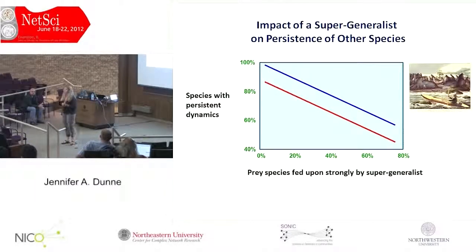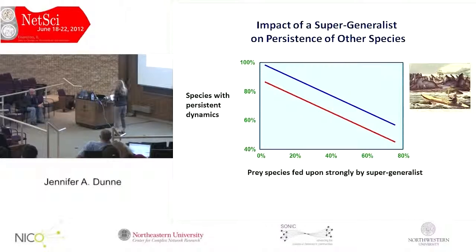And under what conditions will that tend to crash the system by resulting in a lot of extinctions of other species, and under what conditions will it tend to just blend in to the dynamics of the system and allow for coexistence?